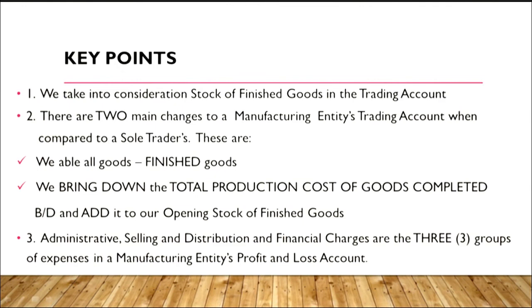Thirdly, administrative, selling, and distribution, as well as financial charges, are the 3 groups of expenses in a manufacturing entity's profit and loss account.